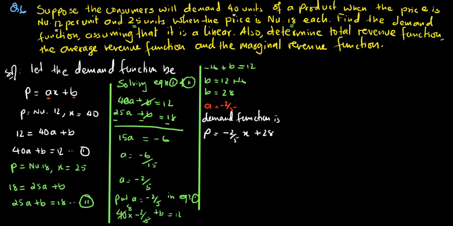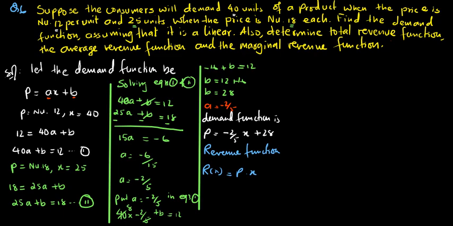So next is to determine the total revenue function. So the revenue function is R of X. R of X is P times X. Here P is the demand function, this one.